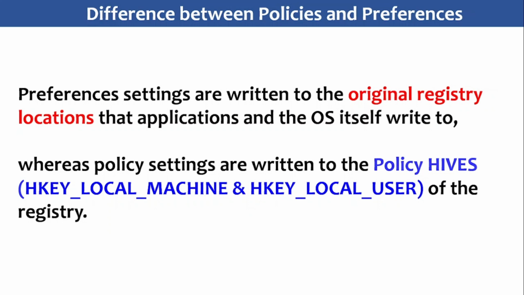Instead, as we have seen, they are written to the specific hives under the registry, namely HKEY_LOCAL_MACHINE and HKEY_CURRENT_USER. So preferences are directly written to the registry, and group policy settings are not. They are written to the two special hives.